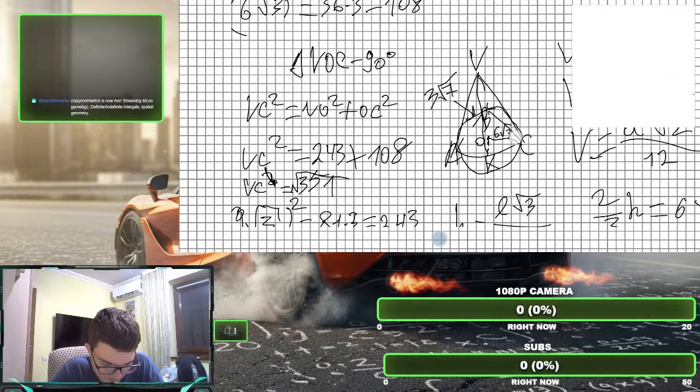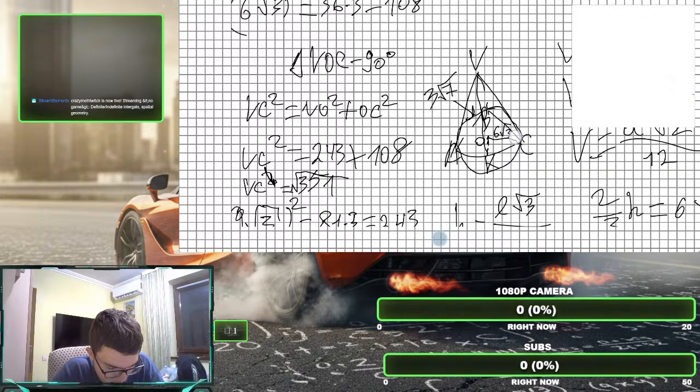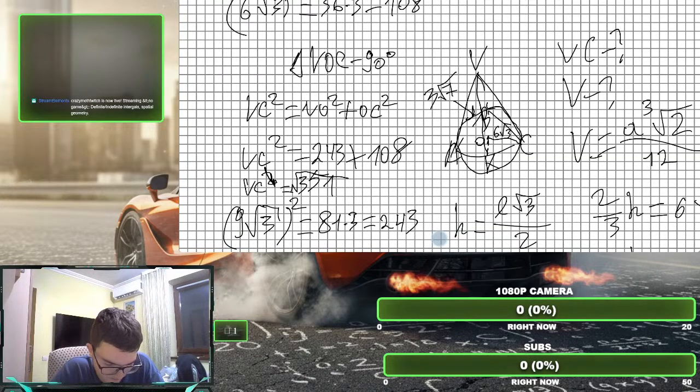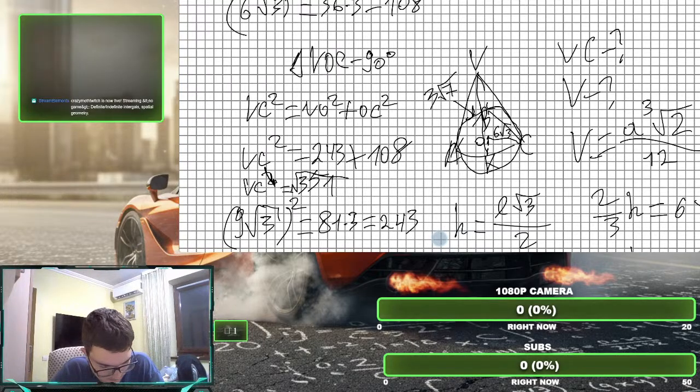AB is AC divided by 2. What do you mean? Oh, that. But who cares? Oh, like this, huh? Like this. Damn it. Why? How? Come on.